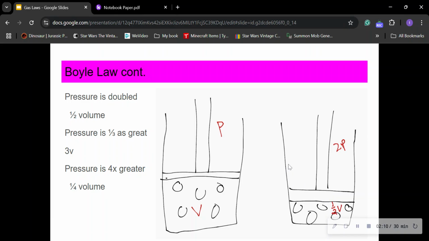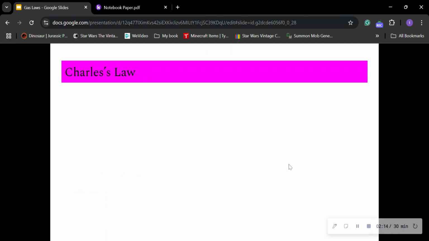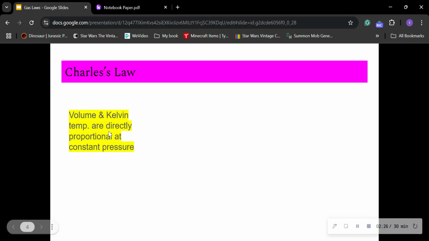Okay, now that we've got that done, it's time to move on to Charles's law. Charles's law states the relationship between volume and the Kelvin temperature at constant pressure. So volume and Kelvin temperature are directly proportional at constant pressure.